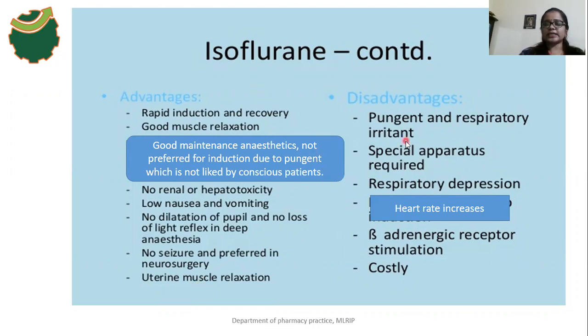The disadvantages: it is a respiratory irritant with pungent properties, its administration requires special apparatus, respiratory depression is also there, heart rate increases due to activation of beta receptors, and it is a very costly medication. So this is the information about isoflurane.